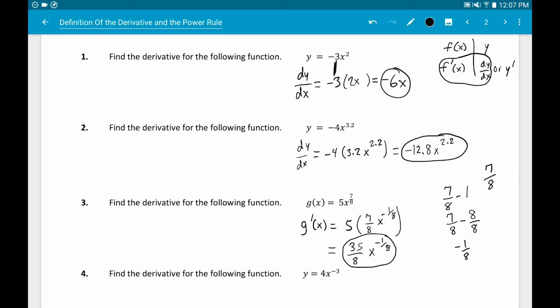If I've got 7/8, take the top minus the bottom. 7 minus 8 is -1. That's going to be your new numerator. The denominator always stays the same as it was. That'll always work if you want to do it a quicker way.